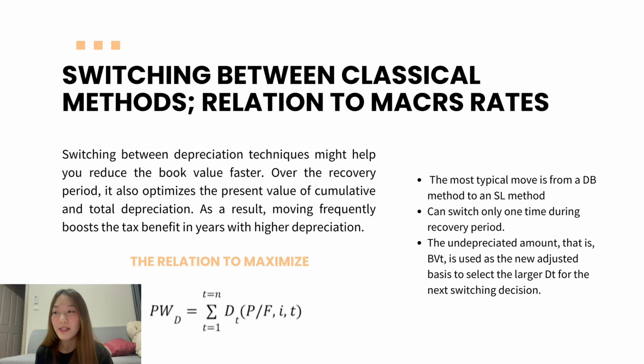When moving from a DB method, the estimated salvage value is utilized to determine the depreciation for the new method, not the DB implied salvage value. We assume S equal to 0 in all circumstances. And the last one is the under-depreciated amount, that is BBt. It is used as the new adjusted basis to select the larger Dt for the next switching decision.